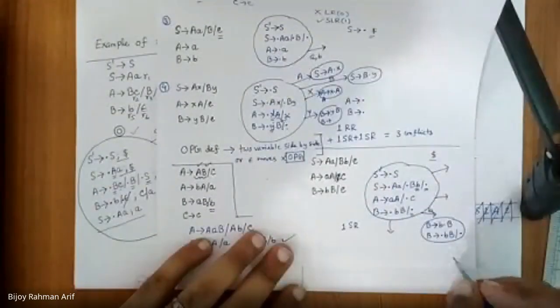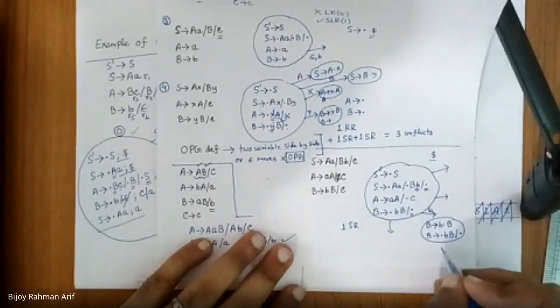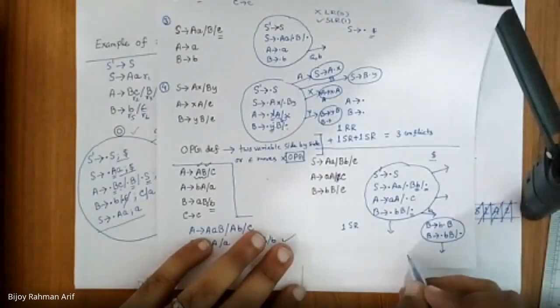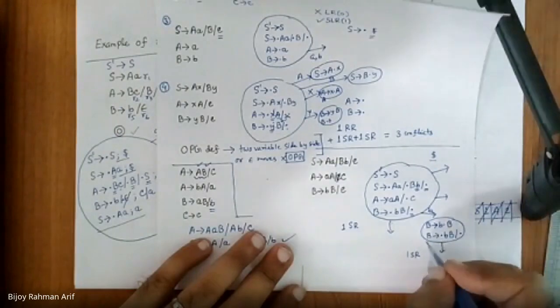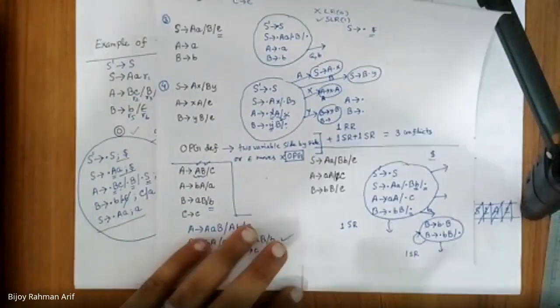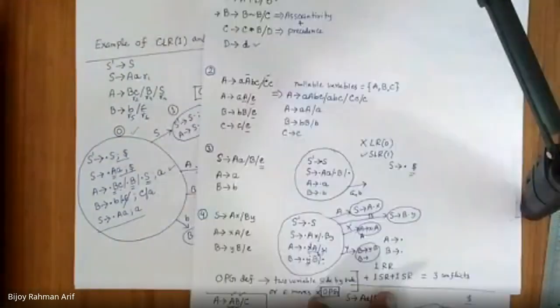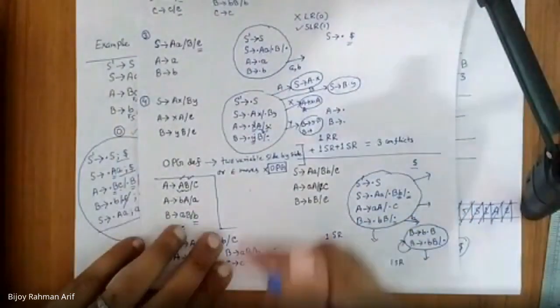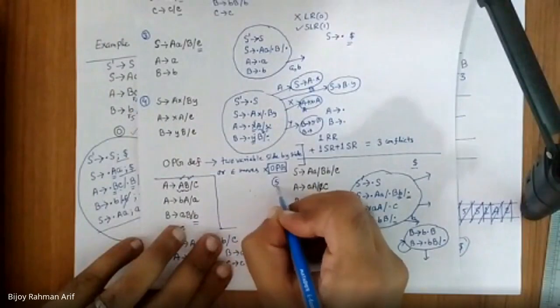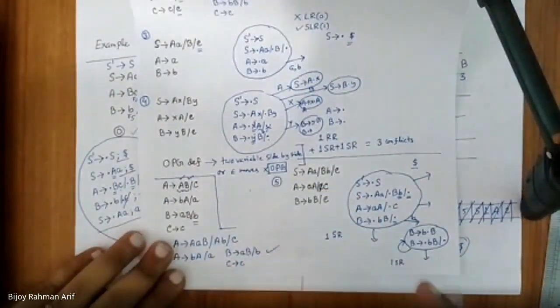Then again, there is another SR conflict. Then finally there is no conflict. So that is the answer. Did you get it? This would be the answer. The two conflicts are there. Two SR conflicts are there.